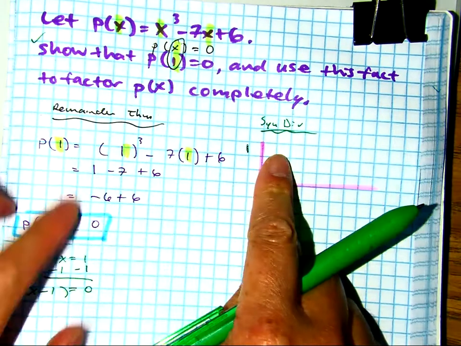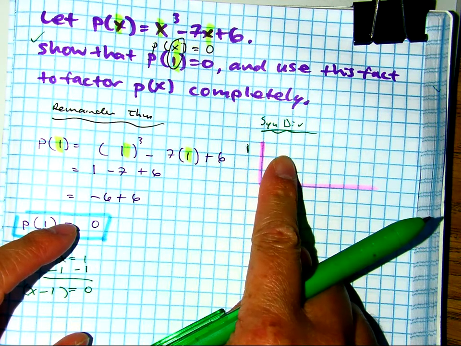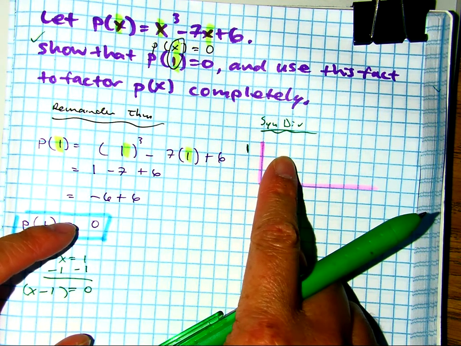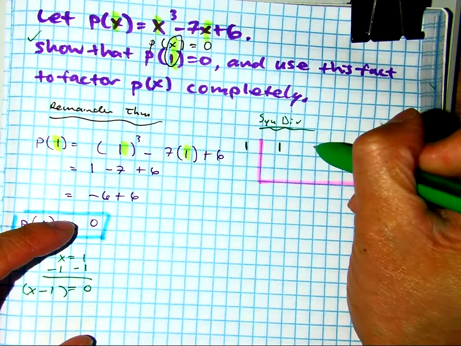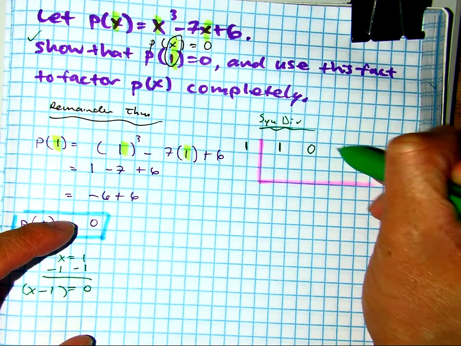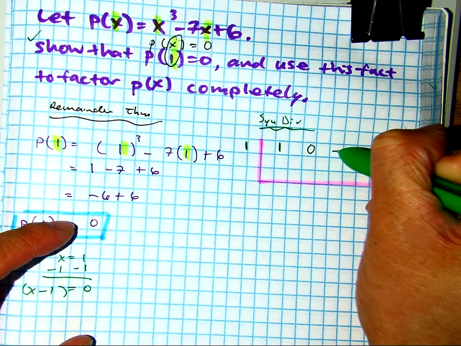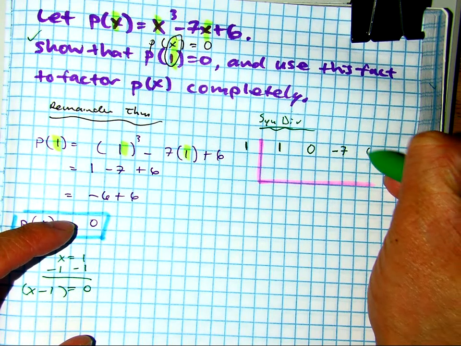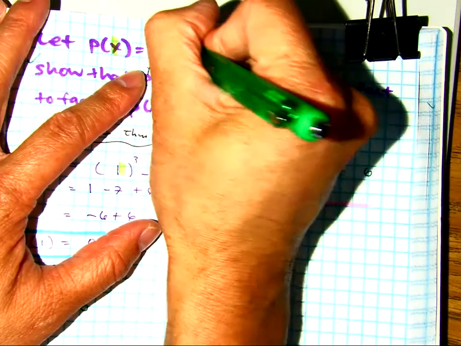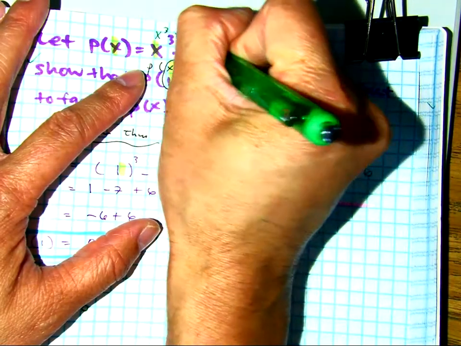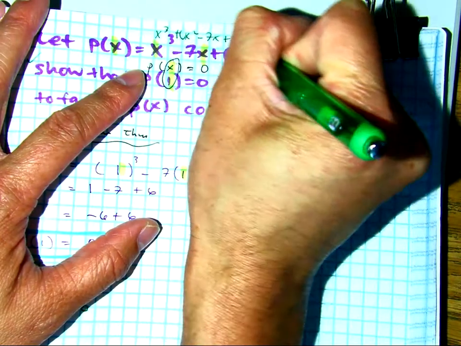Class, what number do I write here? 1. A 1. What's the next number? 0. Next number? Negative 7 and 6. Where did the 0 come from? So that would have been x cubed plus 0x squared minus 7x plus 6.